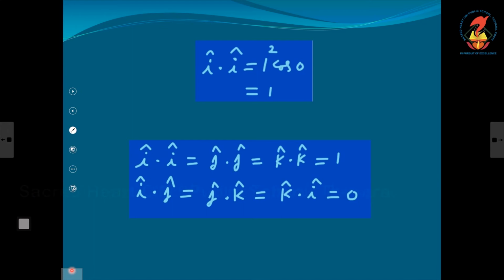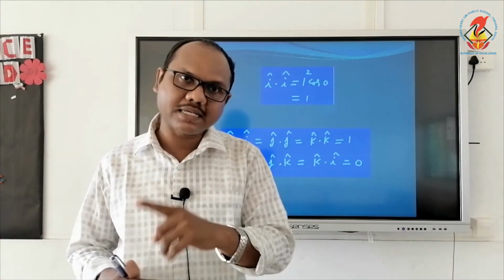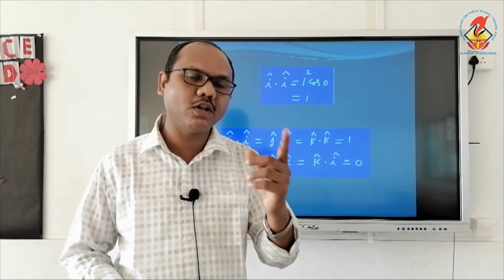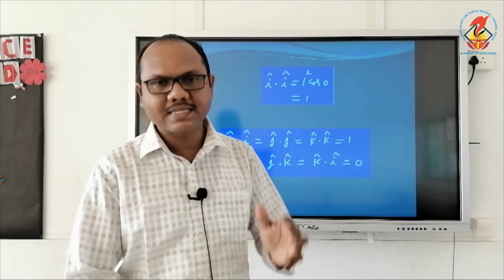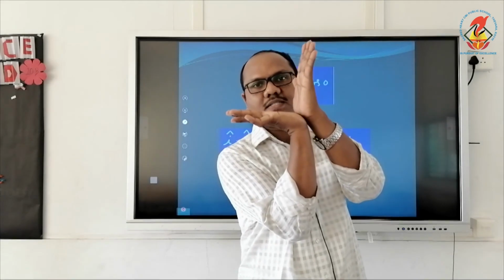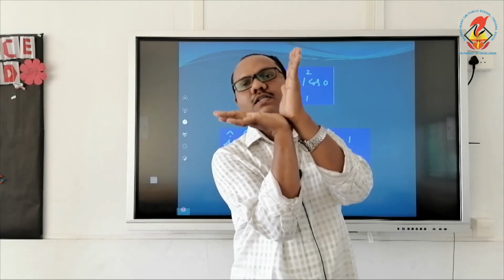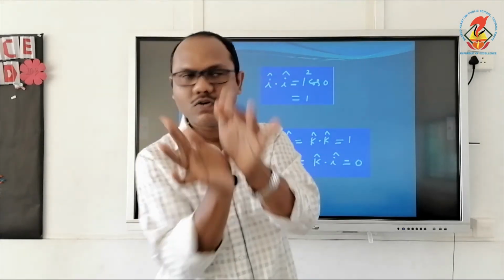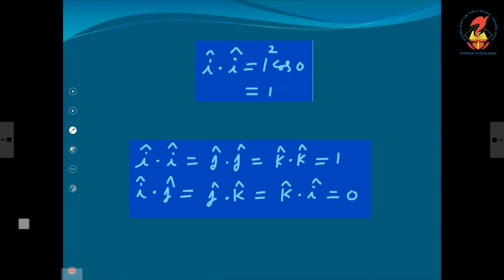What about i dot j? i means unit vector along the x axis, j means unit vector along the y axis. So x axis and y axis, what is the angle? 90 degrees. So what is cos 90? 0. So i dot j, the answer is 0. j dot k and k dot i all have the same value, that is 0.